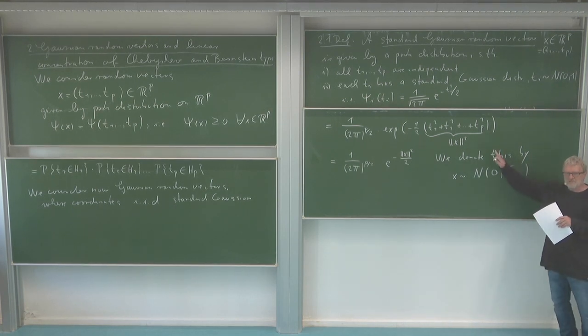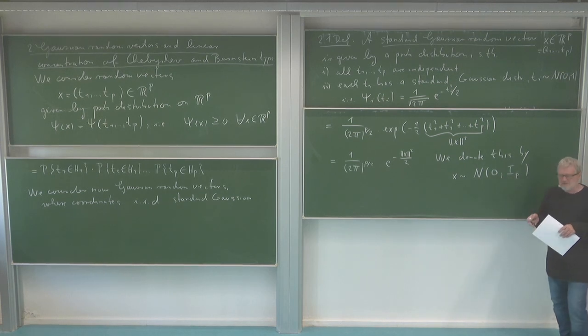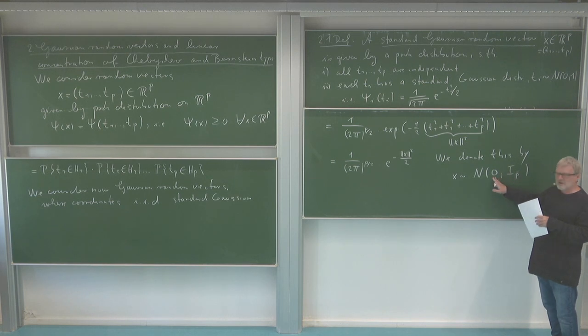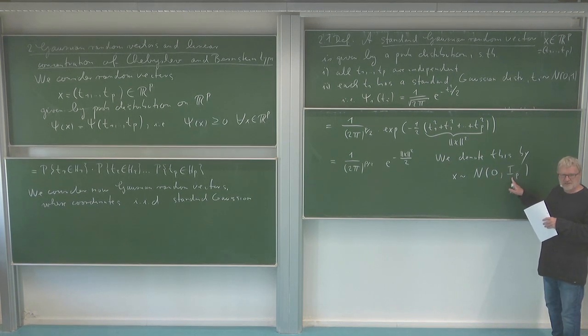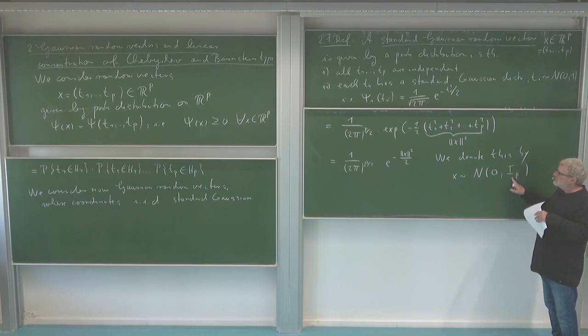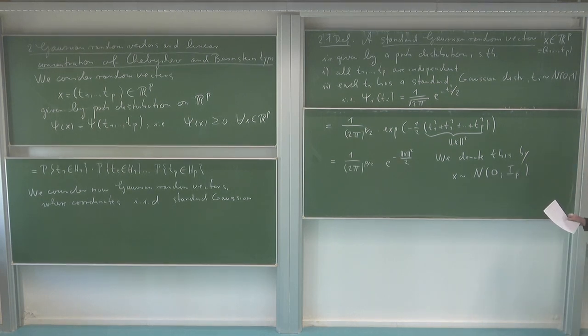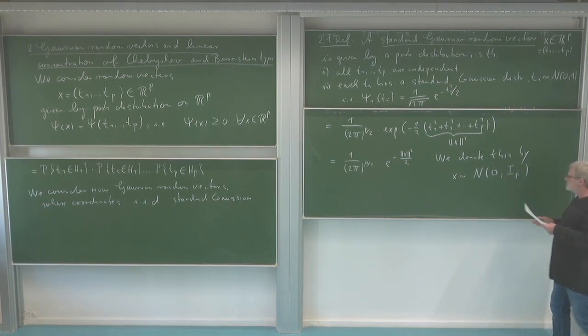Maybe it's not so clear what this means, but in the assignments we define more general Gaussian random vectors where you have a mean vector and a covariance matrix here. And of course we see how this is related to this situation. You can transform essentially one into the other. But this here is somehow the simplest one.